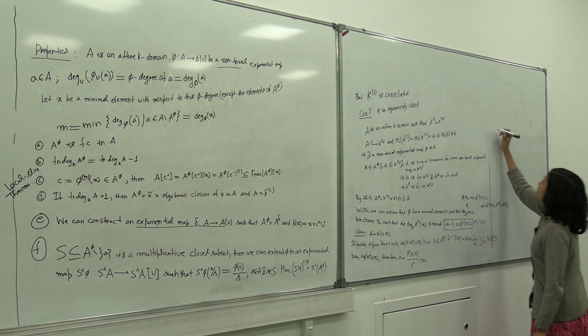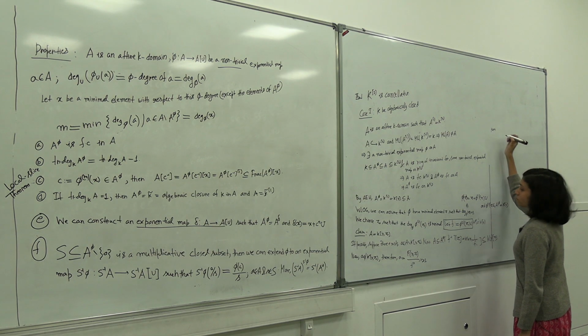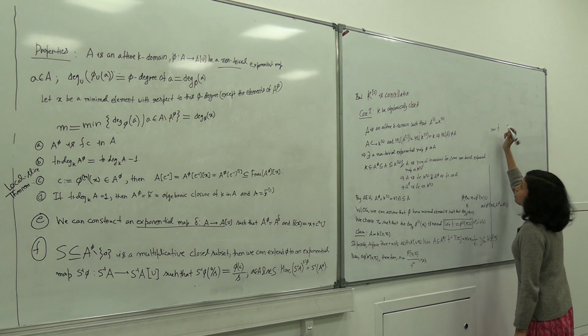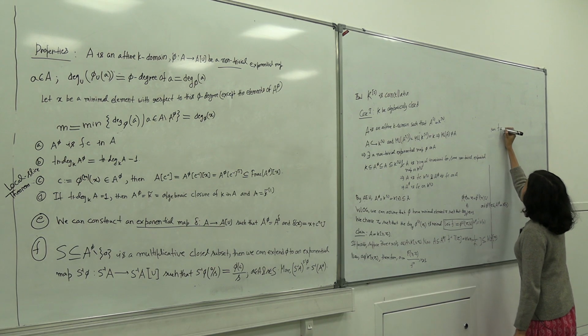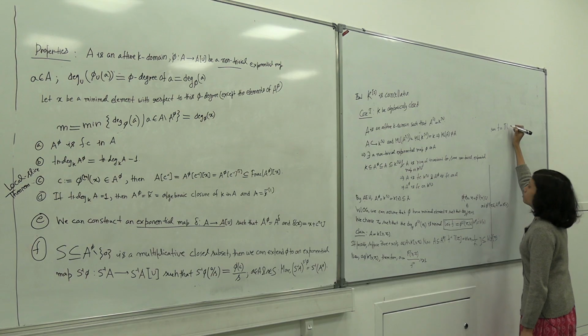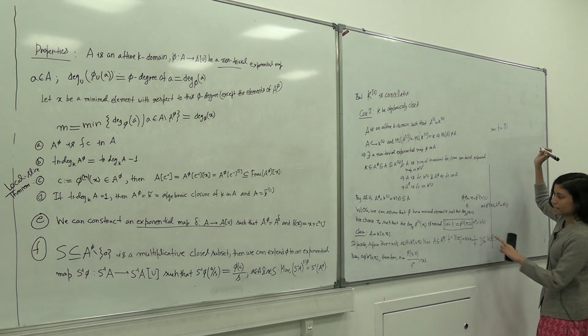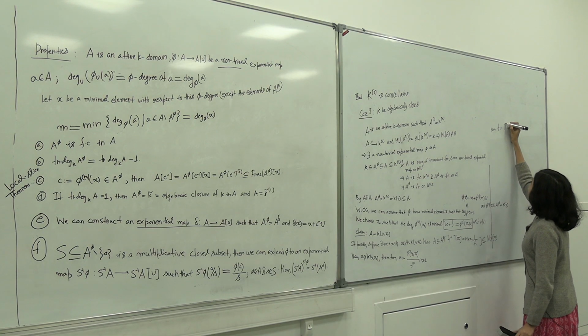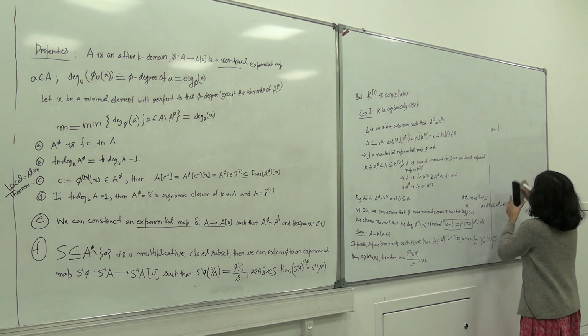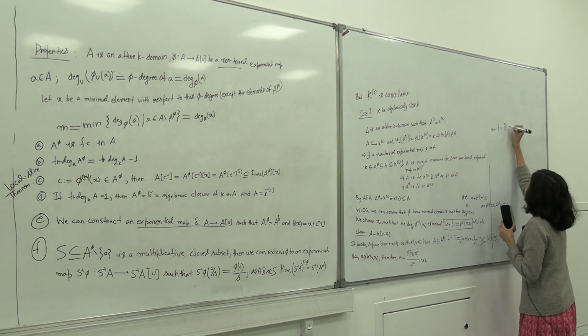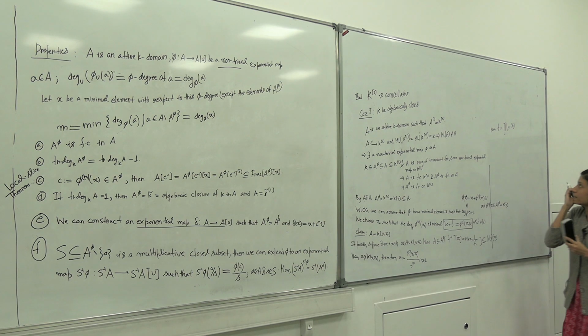Now we are in an algebraically closed field. I am using this: f is an element inside k of y, so I can split f into a product of linear factors, that is, y minus lambda i's for some finite i's.